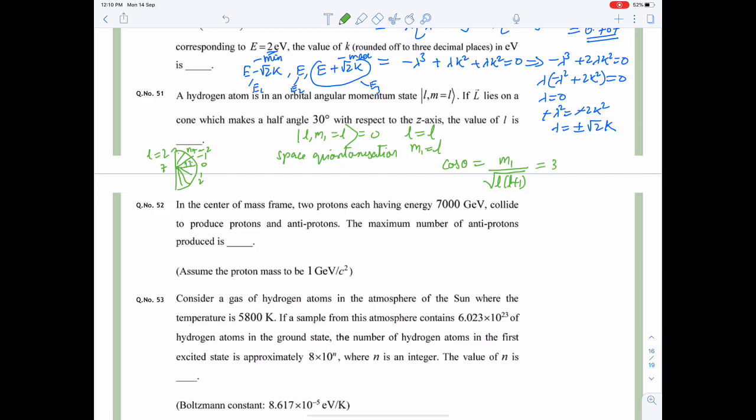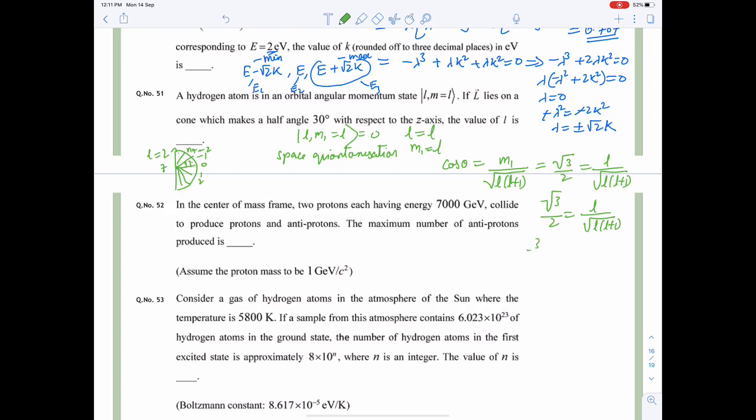So what you can do is cos 30 is equal to root 3 by 2. So root 3 by 2 is equal to ml, which is L, over the square root of L times (L plus 1). So root 3 by 2 is equal to the square root of L over (L plus 1).